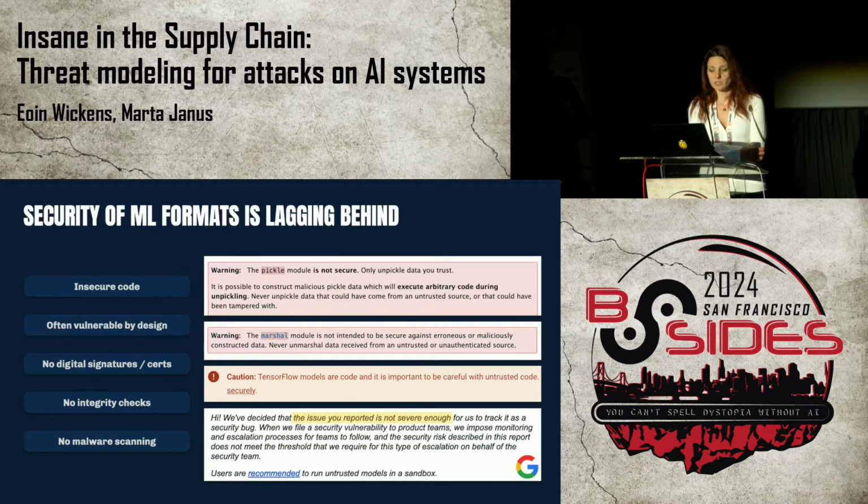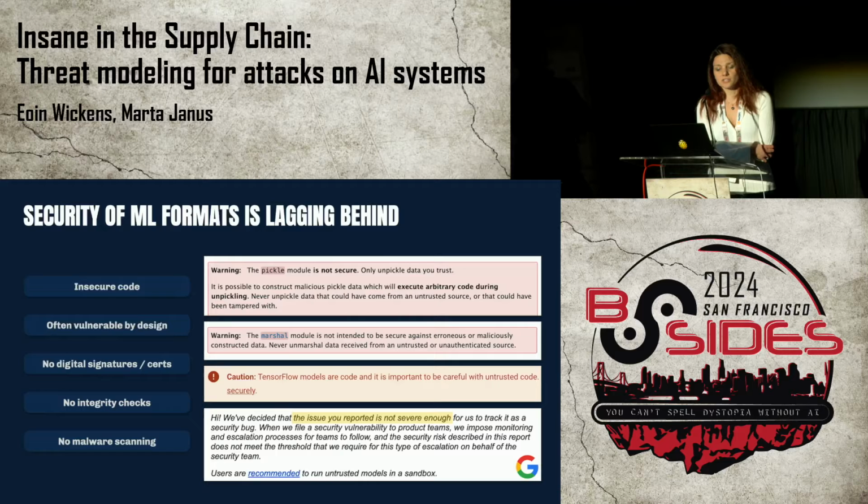Like I said before, lots of those formats are insecure by design, and the problem is that many developers of those formats don't consider those insecurities as vulnerabilities. Often they just say, well, that's how it was designed. It was designed for a different purpose, and at that time it was a feature that people used, maybe not necessary, but something people liked to have.